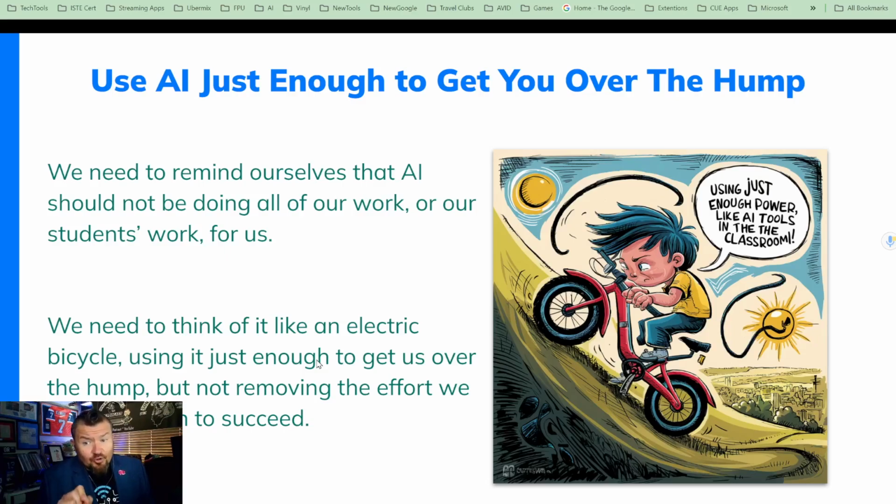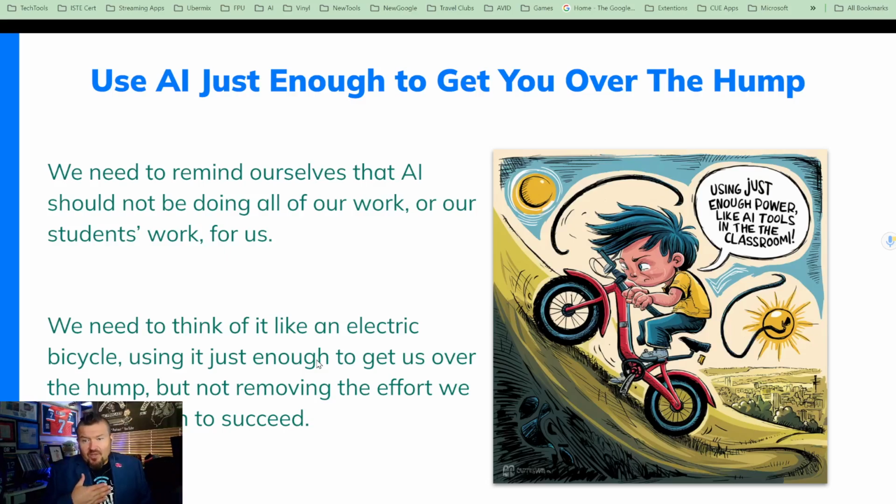Now, a little struggle is good, but we don't want them to struggle to the point of giving up. And that is what that little accelerator on the e-bike should be doing. Rev it just enough to get over the hump, using just enough power of the bike to get over the hump, just like using just enough AI to get them through the learning process.